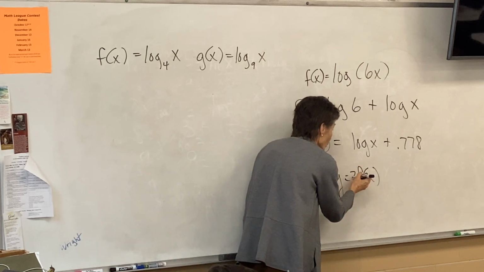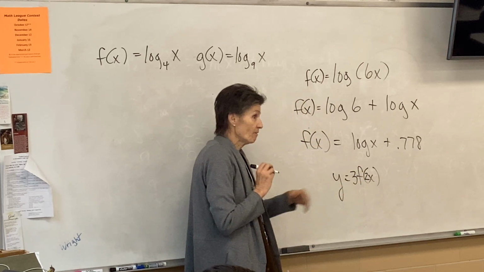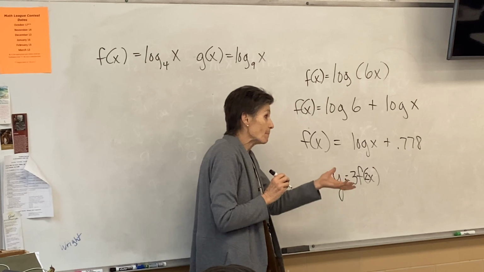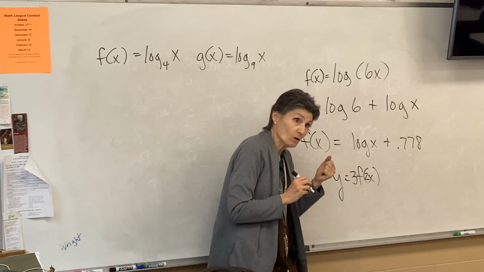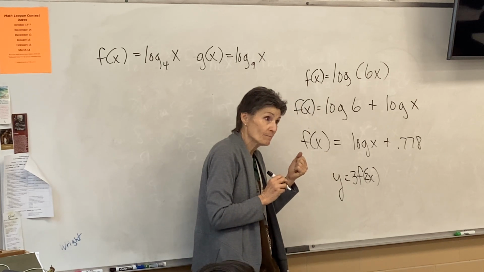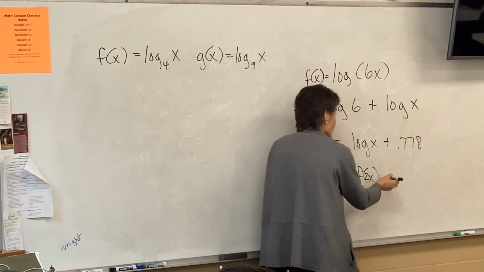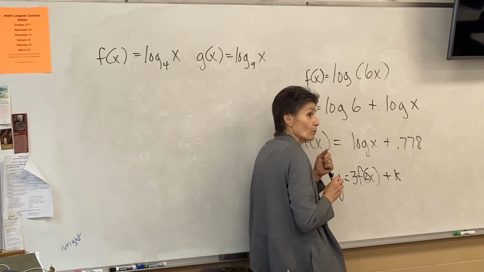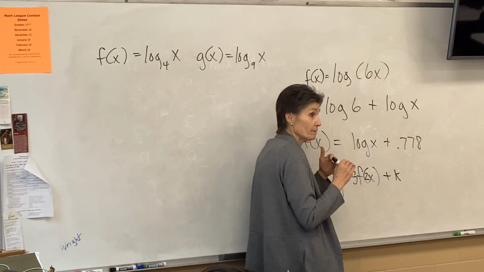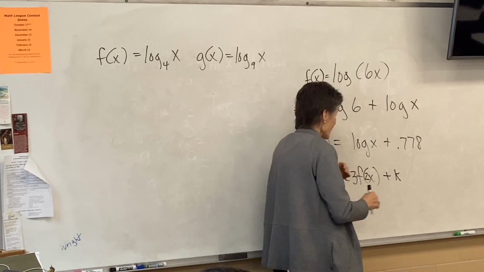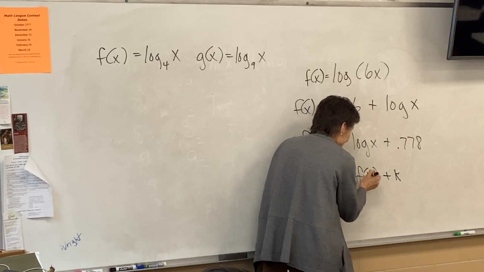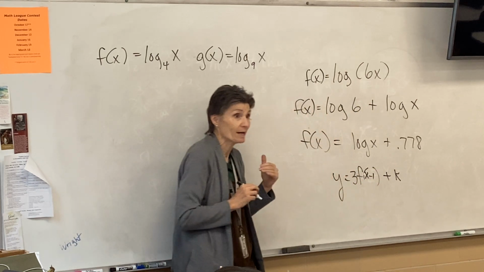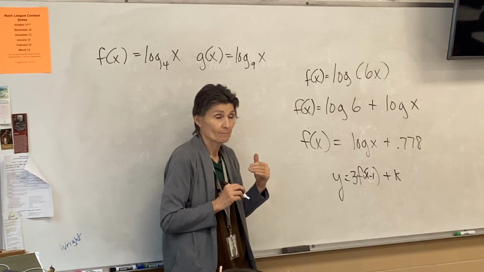When you put a coefficient on the function, on f, that becomes a vertical dilation. When you add or subtract on the end of the problem, that is a vertical translation. And when you add or subtract in here, it's a horizontal translation.